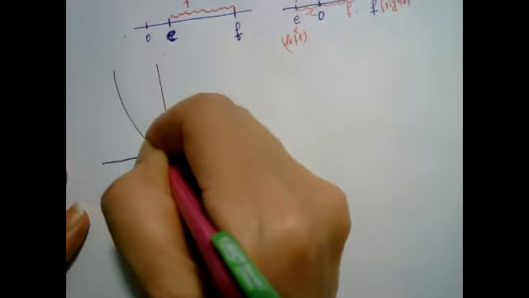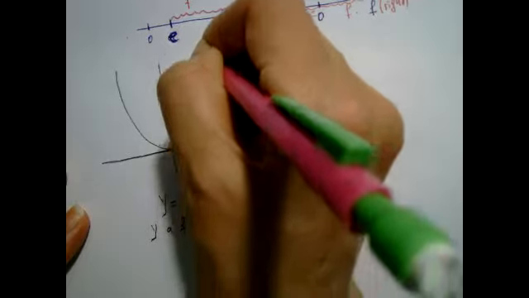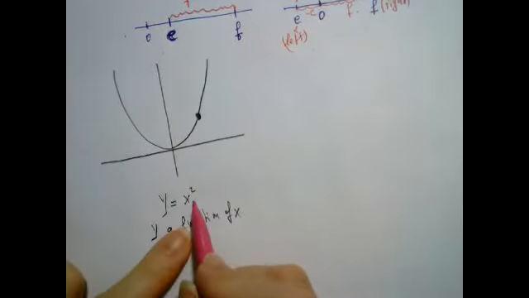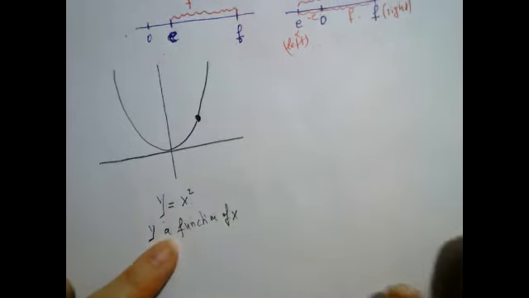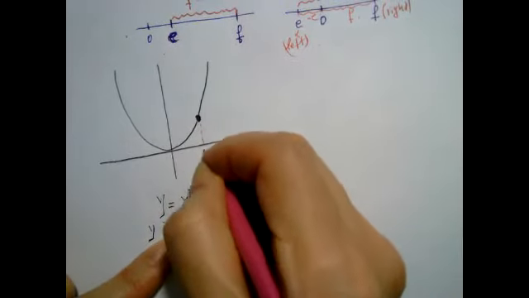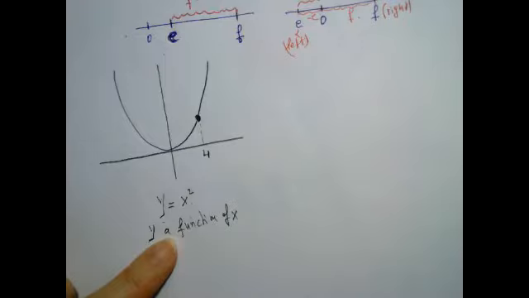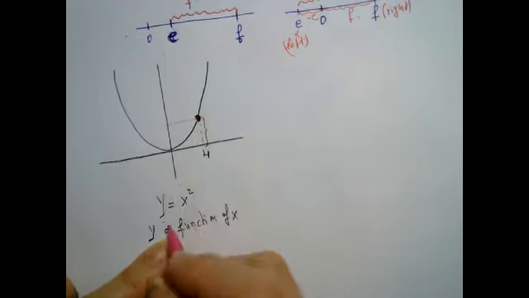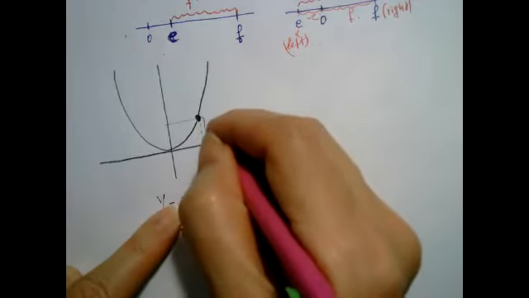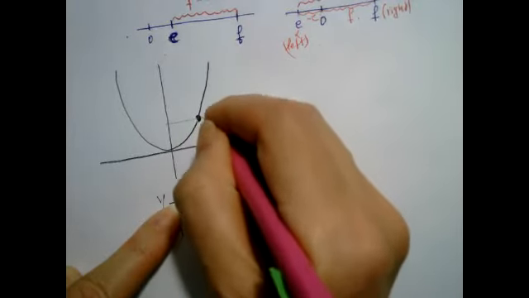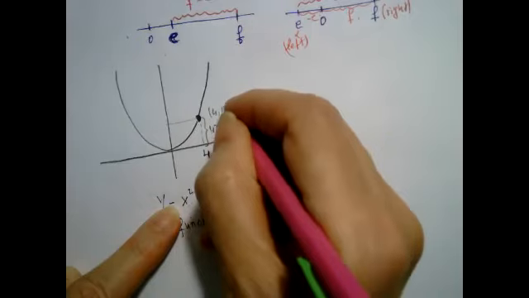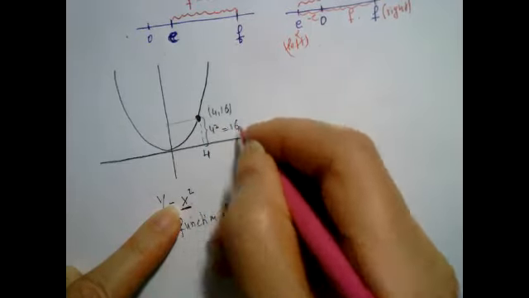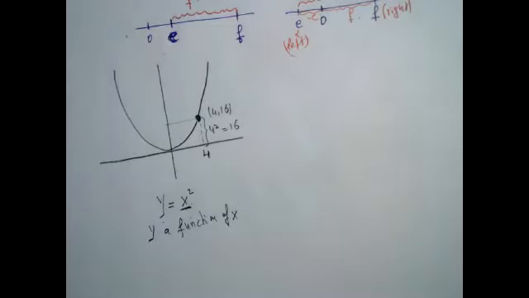If you know the x coordinate, this is giving you the y coordinate. So it means simple. If this is 4, this horizontal distance from here to here is 4, so this is 4 squared. It means this point is (4, 16).